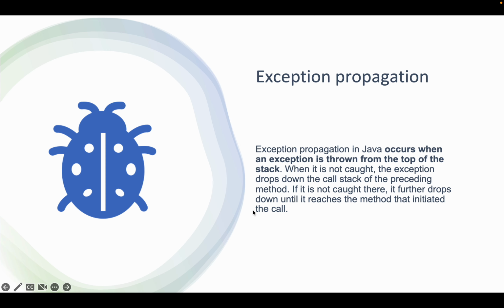Then exception propagation. Exception propagation in Java occurs when an exception is thrown from the top of the stack, and when it is not caught, the exception drops down the call stack to the preceding method. If it is not caught there, it further drops until it reaches the method that initiated the call.